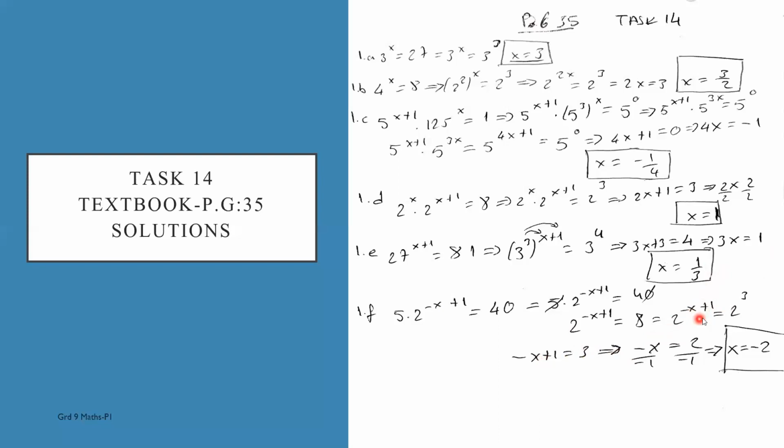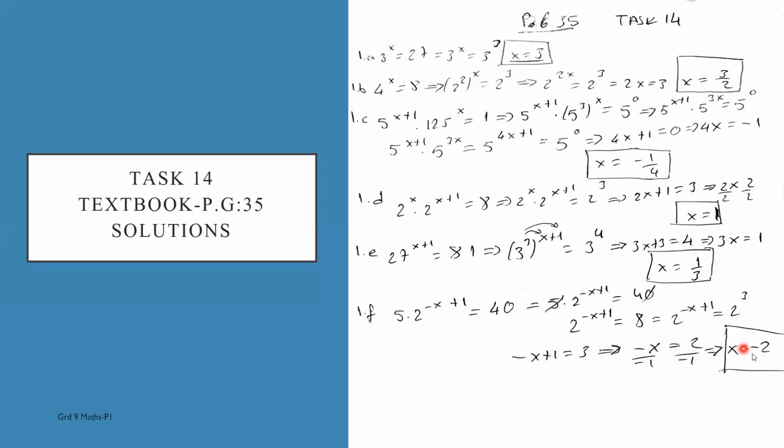Okay, look at here now. 2 to the power of negative x plus 1 equals 2 to the power of 3. Then negative x plus 1 equals 3. Then I have to send this 1 to the other side. So negative x will equal, take this 1 to the other side, 3 minus 1 will be 2. So divide both sides by negative 1.